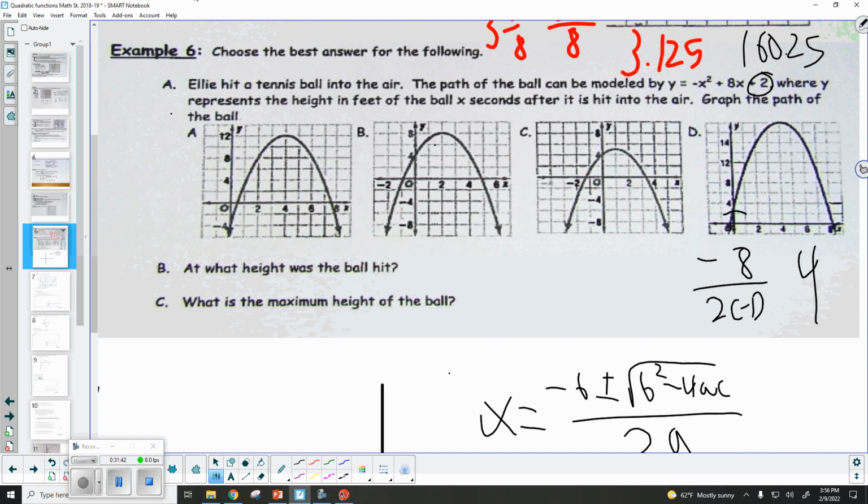Okay. All right. So, Isaiah, would you like to come up and try part B of this? What height was the ball hit? What started it off?